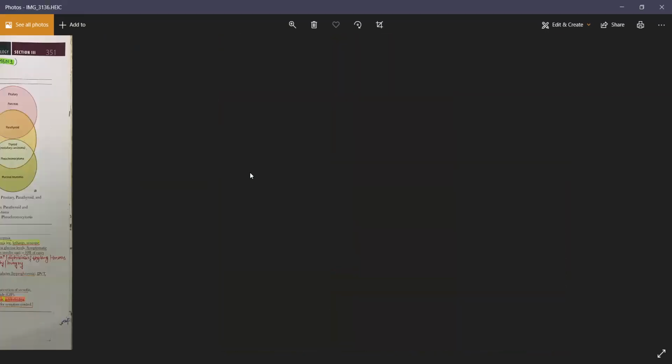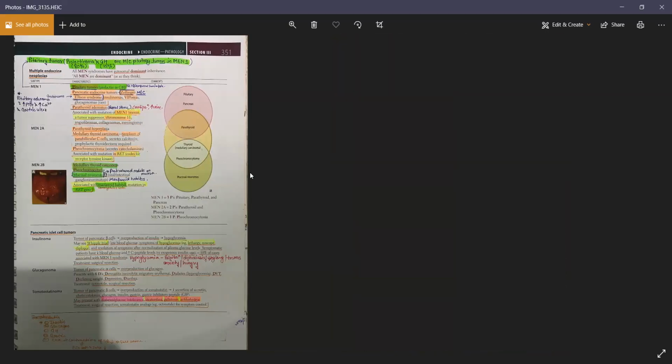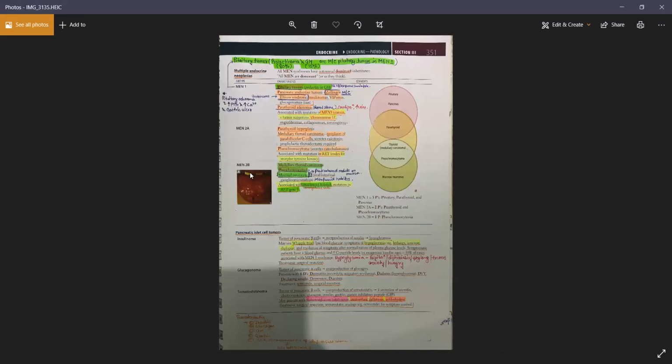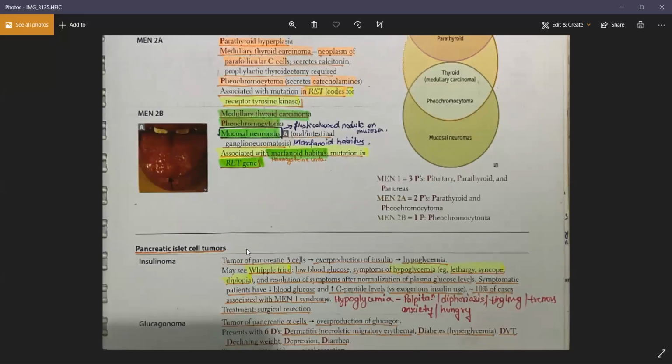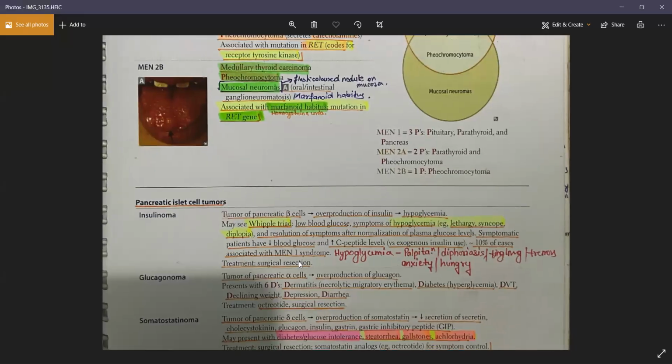Dr. Chaudhary, quick question. Yes. Why can't you give octreotide in insulinoma, because it can also suppress the insulin, right? Why are we giving octreotide in somatostatinoma? No. Why can't you give octreotide in insulinoma? Well, I really don't know the treatment. It is a step 2 thing.